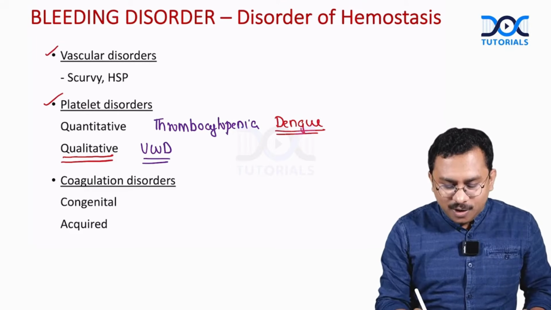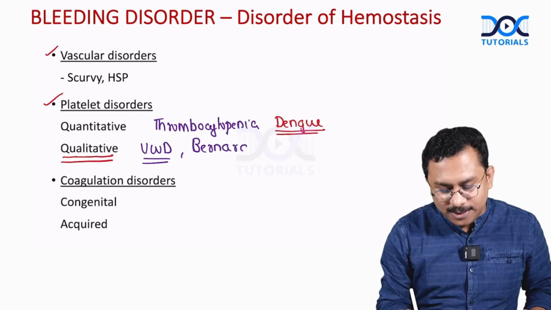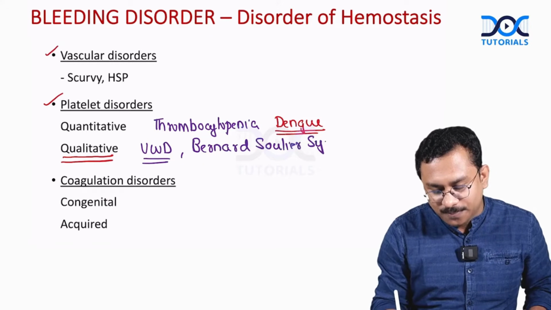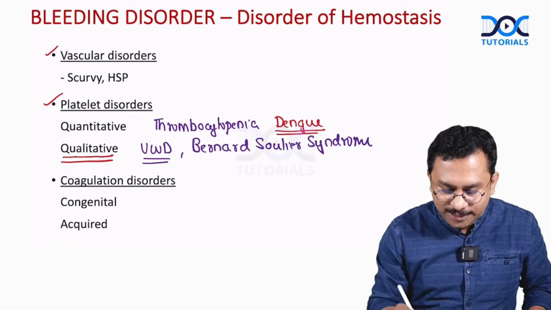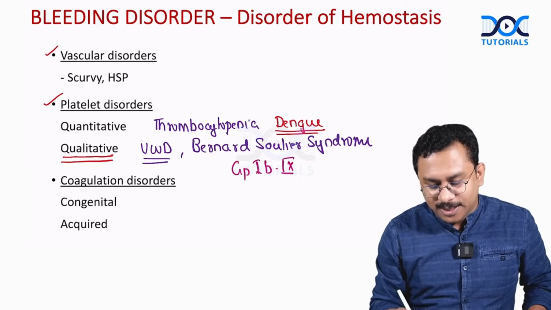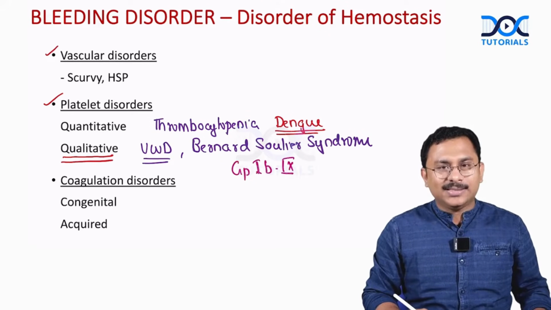And then you've got a disorder known as Bernard-Soulier syndrome, wherein the defect is in a glycoprotein, GP1B9. Glycoprotein 1B9 is defective in Bernard-Soulier syndrome.